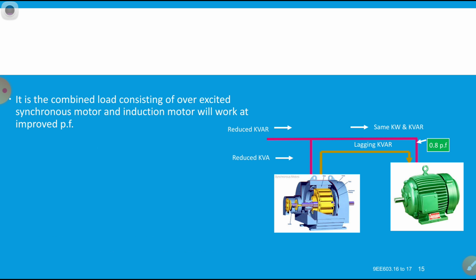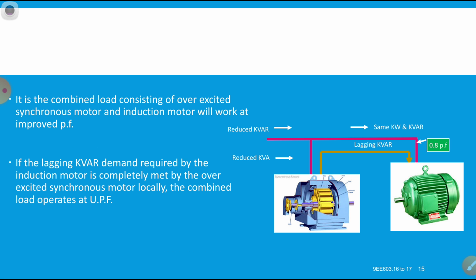The combined load consisting of the overexcited synchronous motor and the induction motor will work at an improved power factor. If the lagging kVAr demand required by the induction motor is completely met by the overexcited synchronous motor locally, the combined load operates at unity power factor, because our induction motor has a lagging power factor and our synchronous motor has a leading power factor.